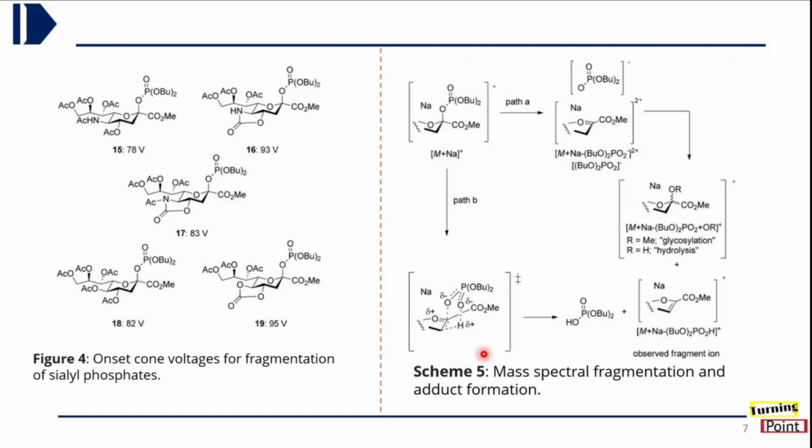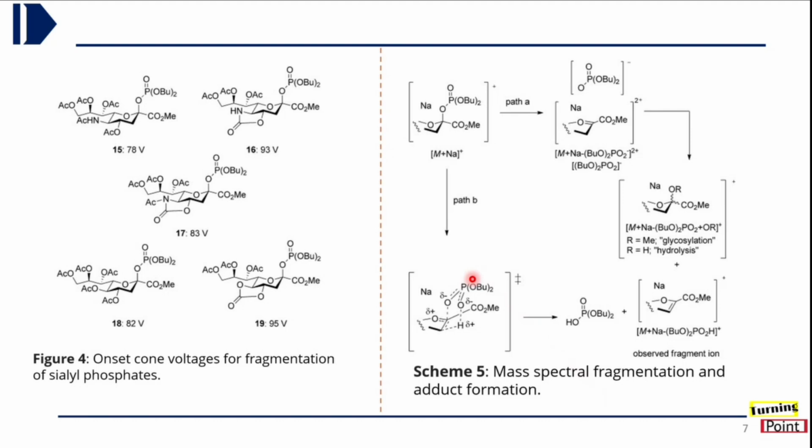Another possibility could be this phosphate anion and then this elimination product, which they can also observe in mass fragmentation. They started with a certain voltage. Initially they irradiated with 40 volts, and in that case there is no fragmentation. So they increase the cone voltage.